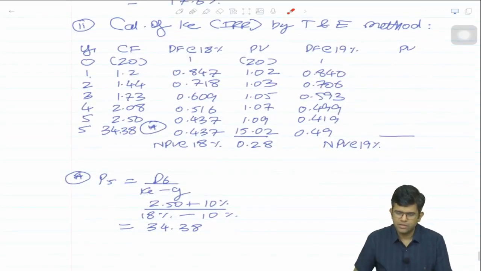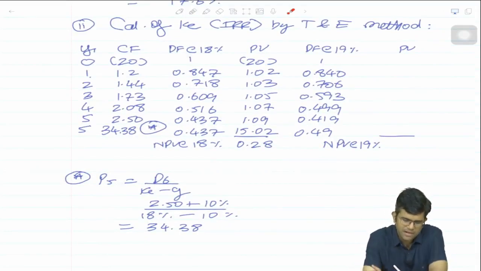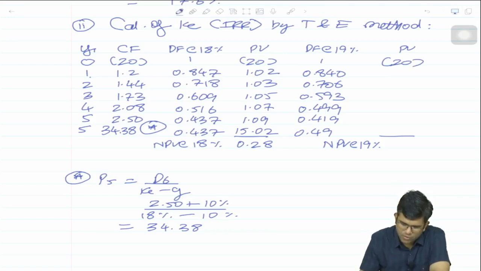So here I will first of all calculate the present values except the last one. So this, can I say, is 20 only. Then this will be 1.2 into 0.84. This is 1.01. Then 1.44 into 0.706. This is 1.02.